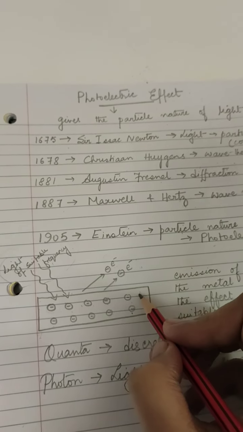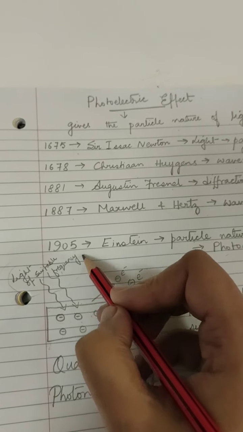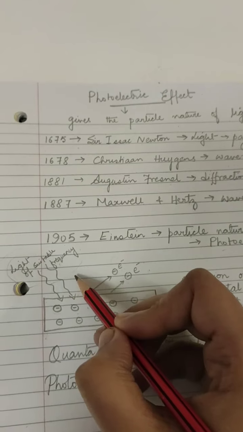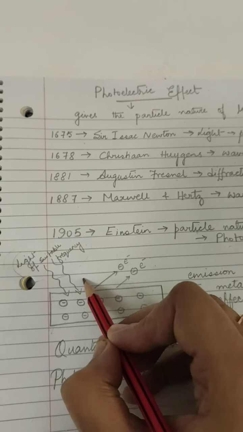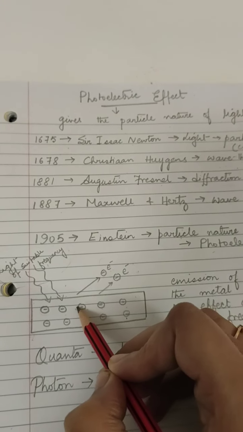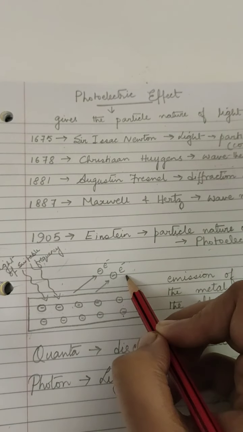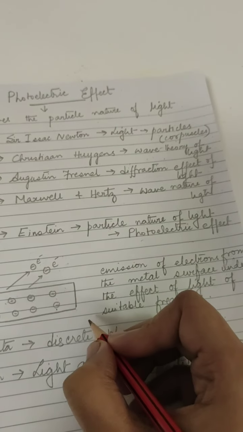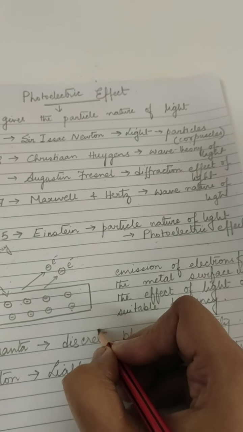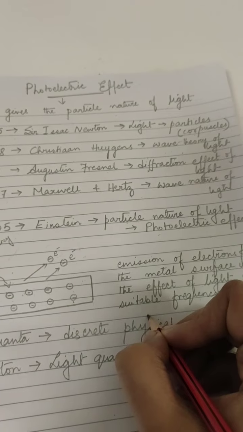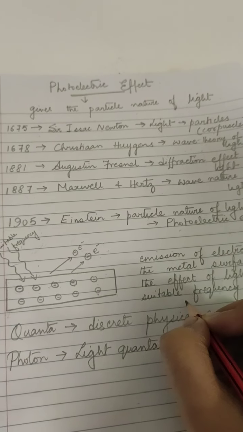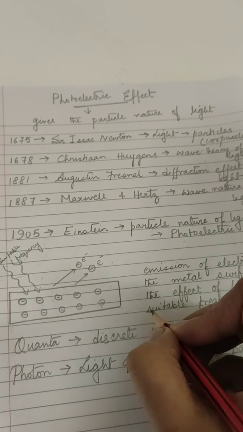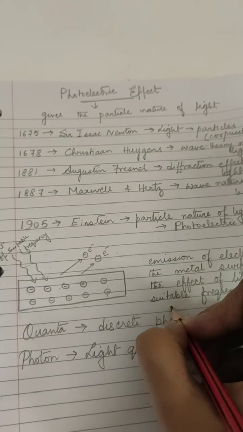Now, if light of frequency below a certain frequency is incident on the metal surface, then electrons will not get emitted from the metal surface. It is seen that light of higher frequency or shorter wavelength is more effective.